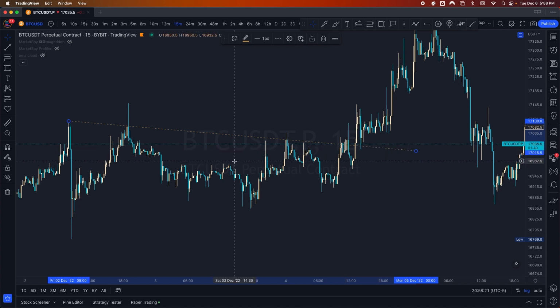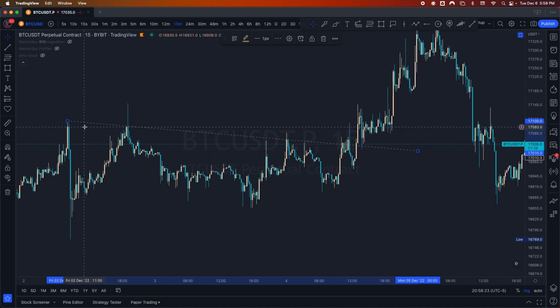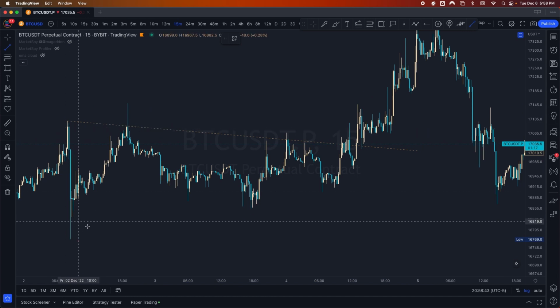So this is what I said about the rigidness, candle close only or wick only. There's no reason for that. This is how you do TA. The general idea is always the same, doing a trend line, but the practice of whether you're going to use wicks or candle close can change.